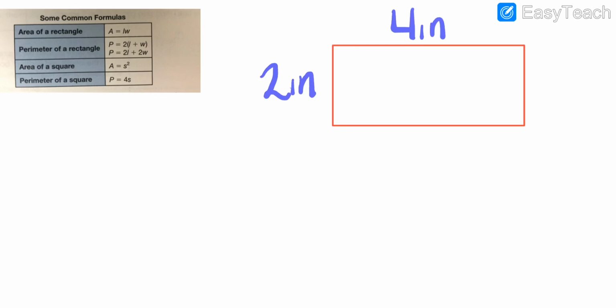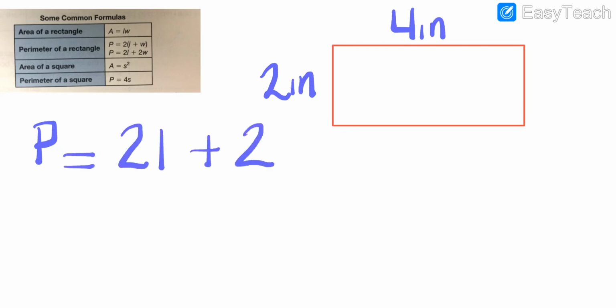So I'm going to use the formula that says that perimeter equals 2L plus 2W, and I'm going to erase this so it doesn't look like 21 and do a cursive L instead.